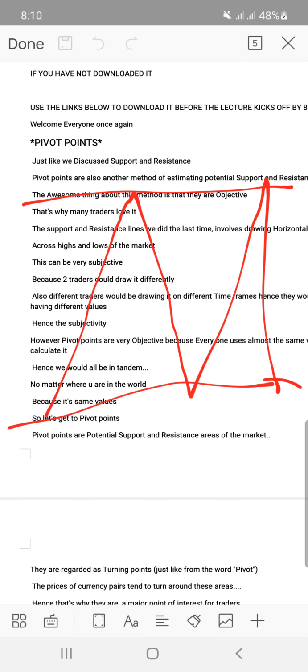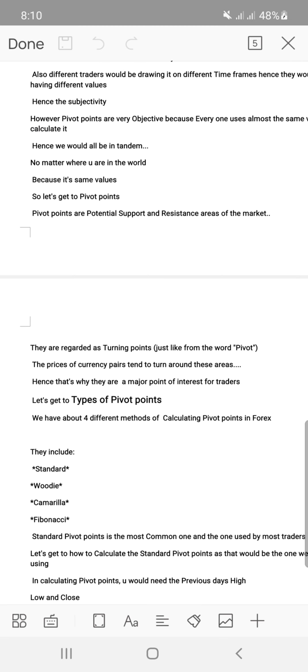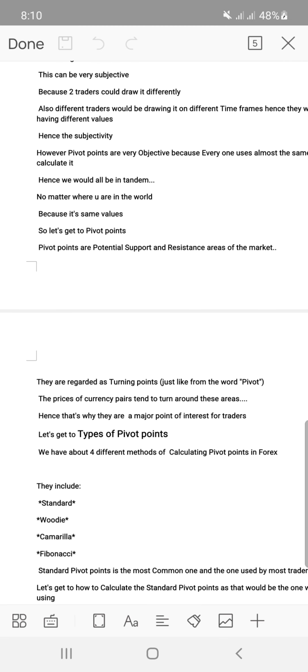You understand? So that's the advantage of pivot point app. So I'm going to be explaining some things about pivot points before we go into it fully. The advantage of pivot points is that it helps you to better draw support and resistance points, so that you can know where to expect.